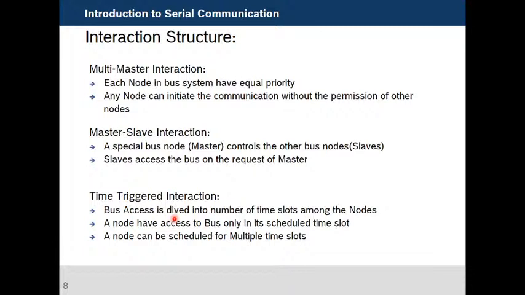Every dynamic or static frame will have data. Once the time-triggered slot is over, you won't get the updated data; only at the next time-triggered slot will you get the data. The simple examples: multi-master is CAN, master-slave is the LIN protocol, and time-triggered is FlexRay.